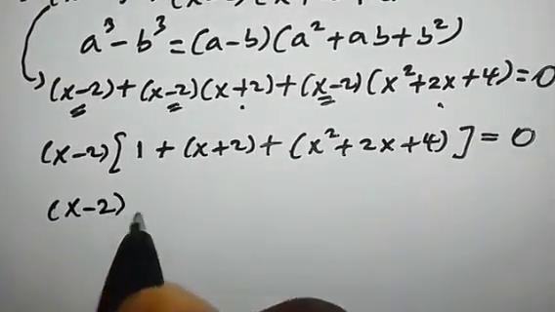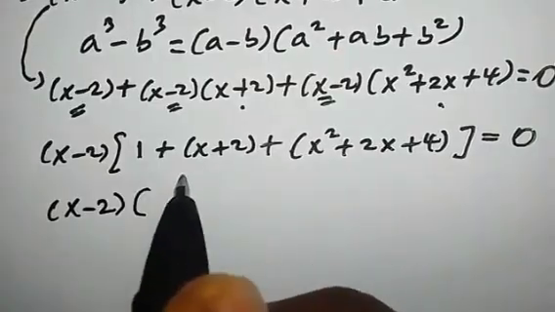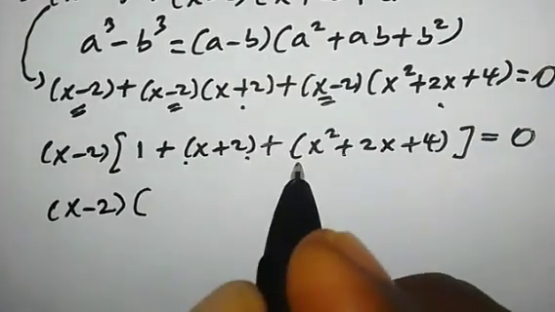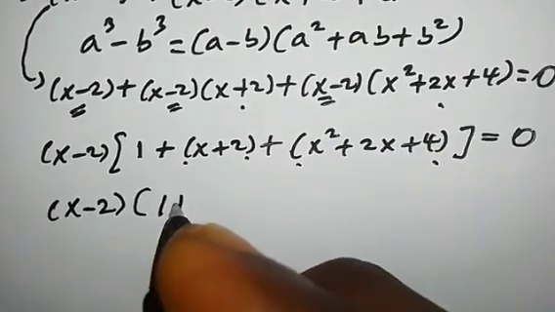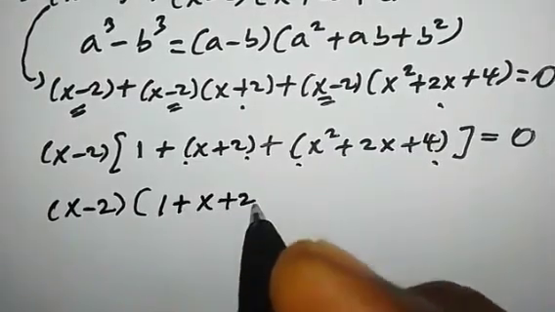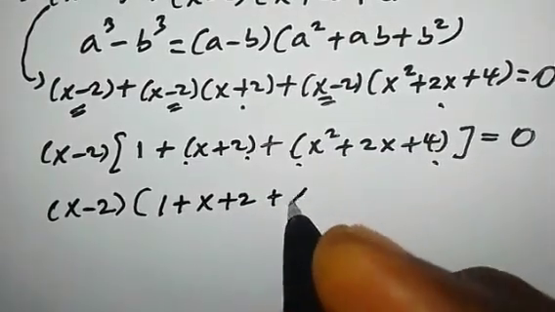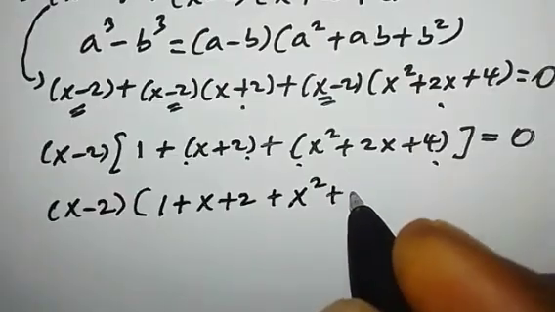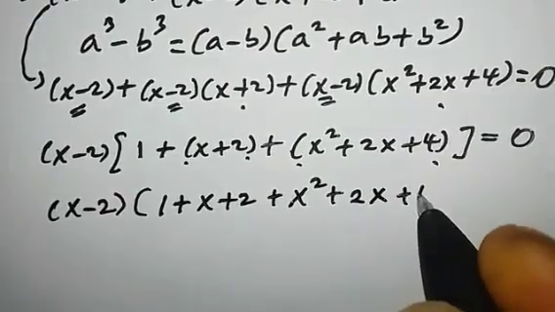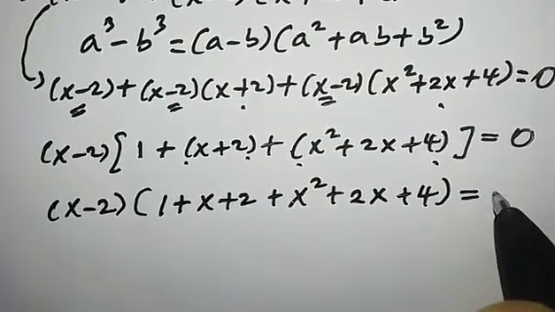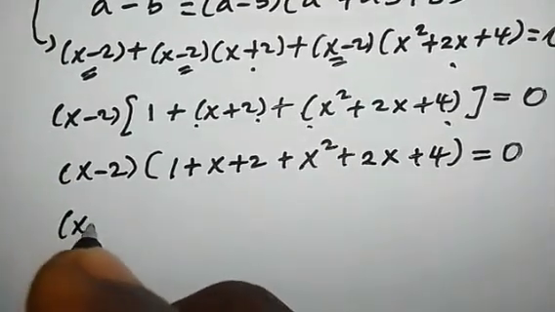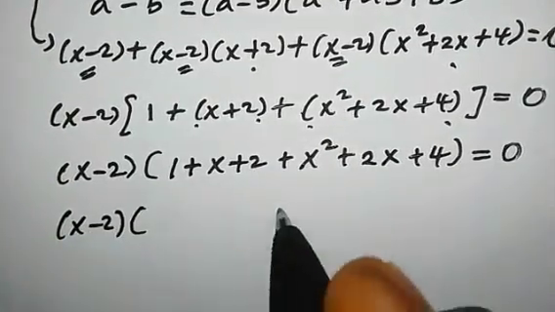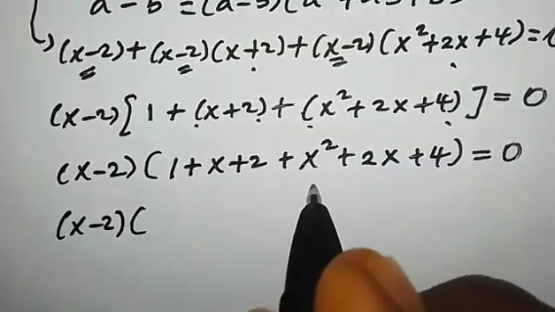x minus 2 times. Let us drop each of these brackets. If we do that, we have 1 plus x plus 2 plus x square plus 2x plus 4 equal to 0. x minus 2 times. Let's add the common terms.